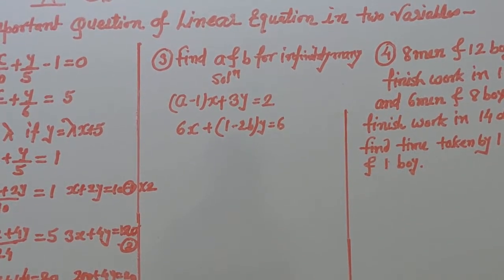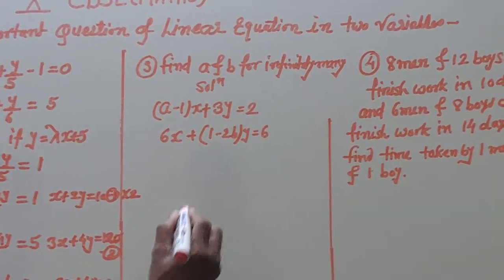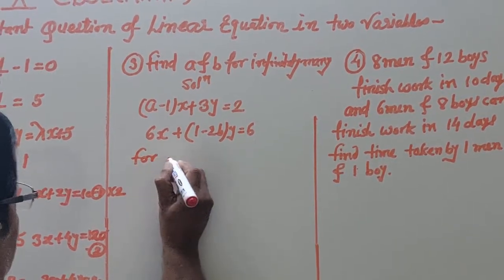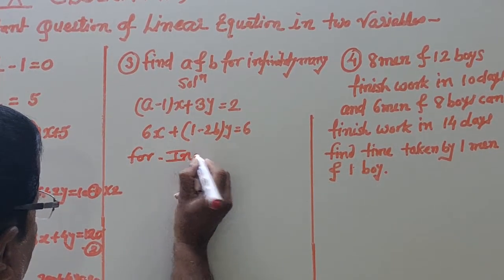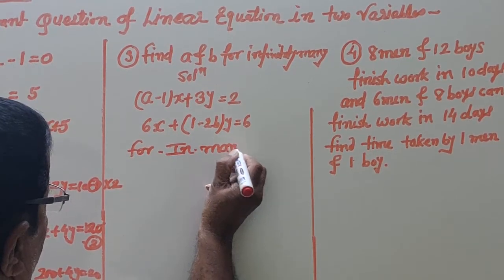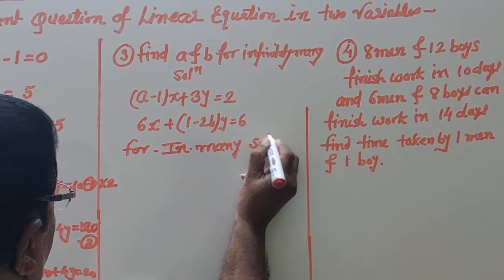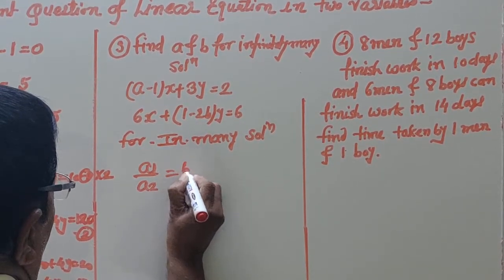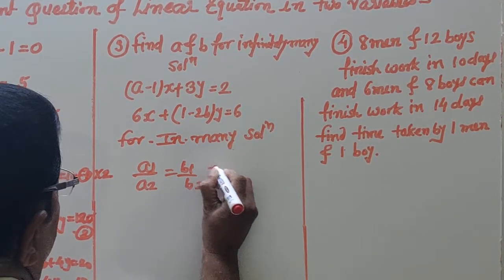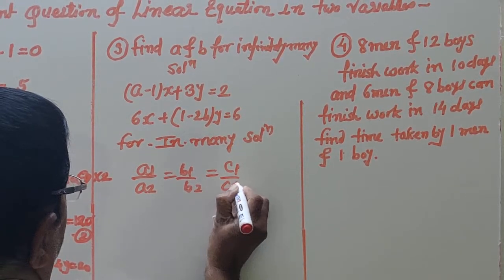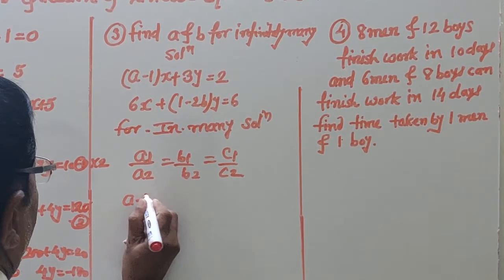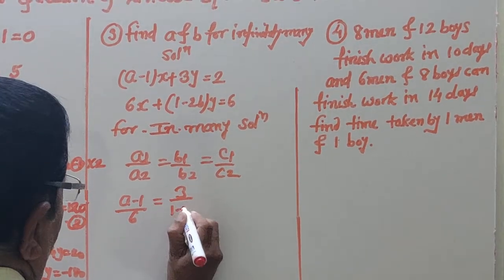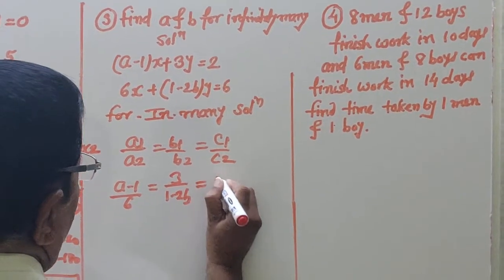Now we are going to solve the third problem: find a and b for infinitely many solutions. For infinitely many solutions, you know the condition: a1 upon a2 is equal to b1 upon b2 is equal to c1 upon c2. Now I am substituting the values: a minus 1 upon 6 is equal to 3 upon 1 minus 2b is equal to 2 by 6.